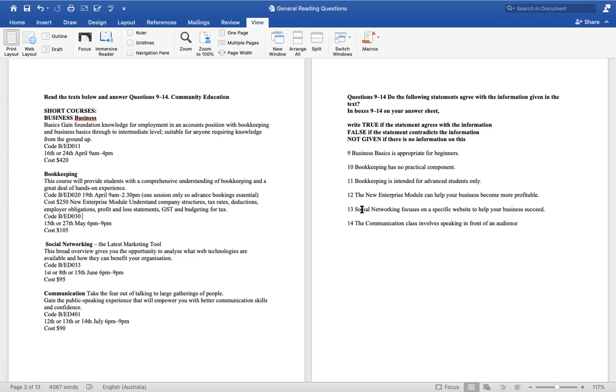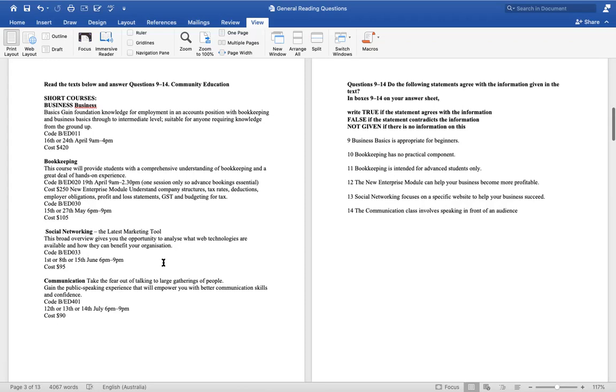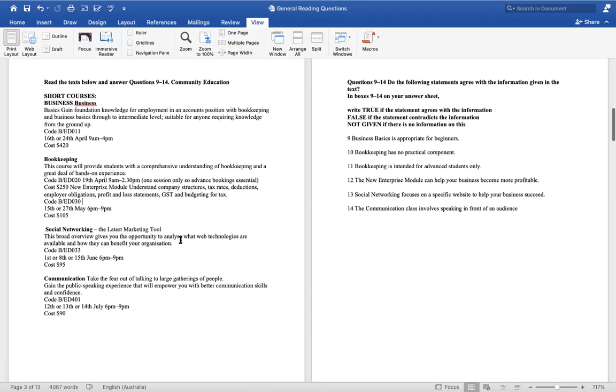Now question statement 13: social networking, that's where we have to look for our answer. Focuses — what are the synonyms for focuses? Gives detail or specifies on a specific website to help your business succeed. Is it talking about a specific website? No, it's not talking about using a website, it's just giving us an overview of the opportunity to analyze things.